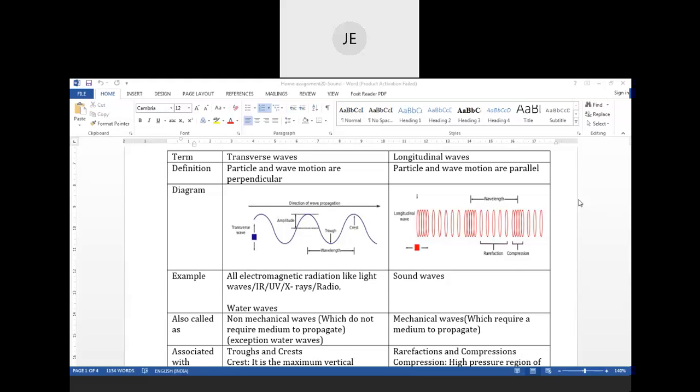Again, first to second, second to third, third to fourth air column, and finally it reaches the other person's ear. The vibrations of the air column and the movement of the sound are both in the same direction. That is why sound waves are considered longitudinal waves.